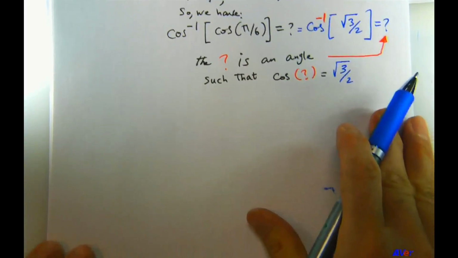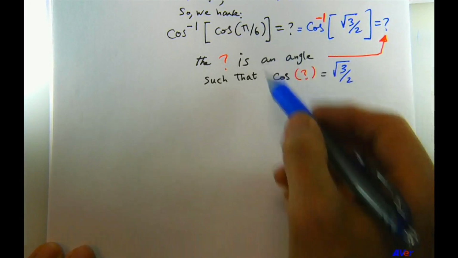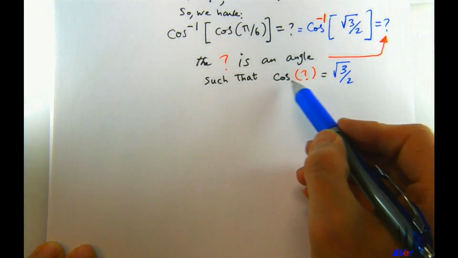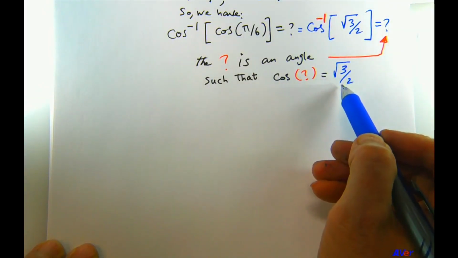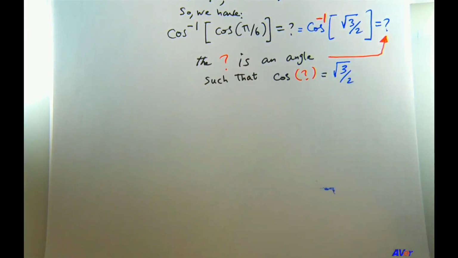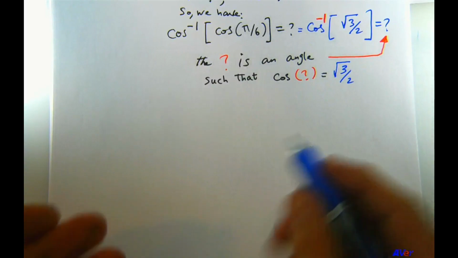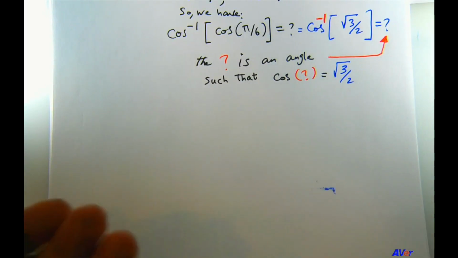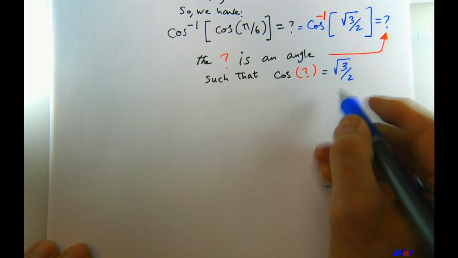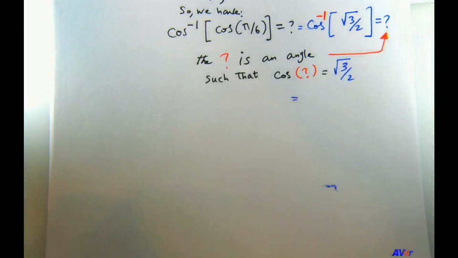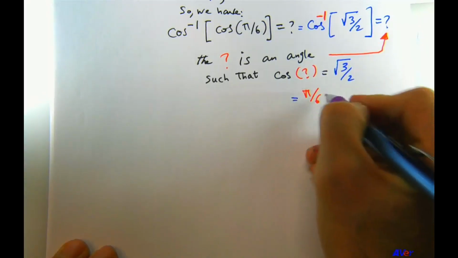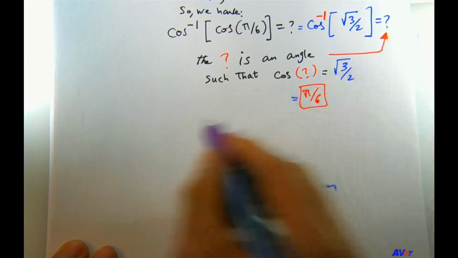So we ask, what is the angle whose cosine is the square root of 3 over 2, and it's pi over 6? We could have said that by the cancellation property too, right? So this is equal to pi over 6.